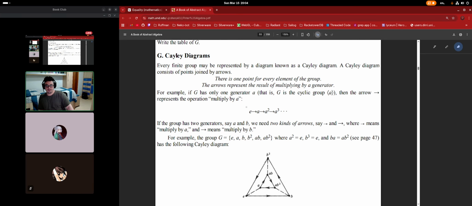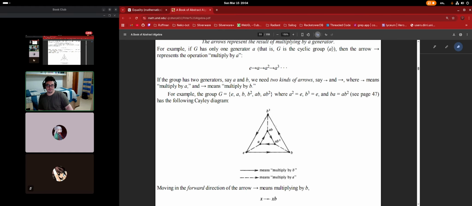Cool. And then the Cayley diagram. So this is essentially how you make one, and I think this is important to read. A Cayley diagram consists of points joined by arrows. There is one point for every element of the group. The arrows represent the result of multiplying by a generator.